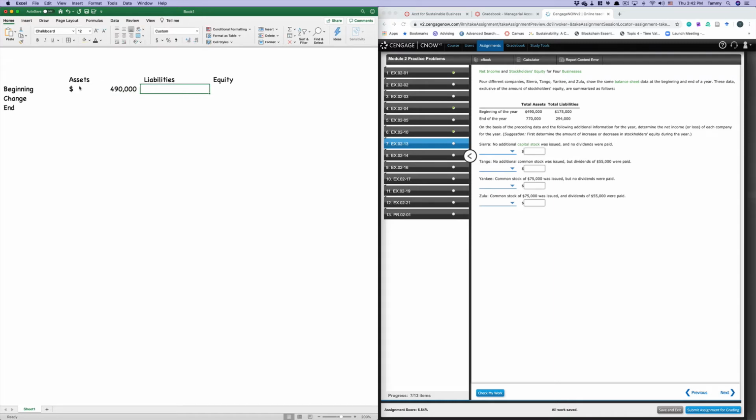Our beginning liabilities were 175. So we'll just fill in what we know. Okay, so now we know, therefore, that our equity is going to be the difference.